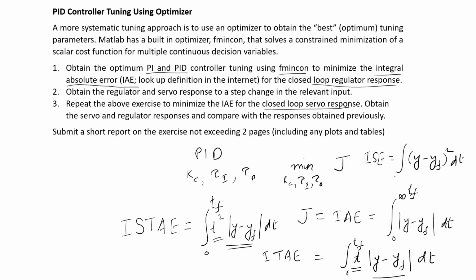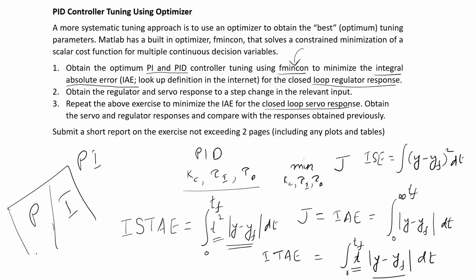So I hope the exercise is clear. We want to use an optimizer to obtain the optimum tuning parameters Kc, tau I, tau D for a PID controller. We'll also repeat it for a PI controller. I think just using P or integral only controller, let that be, because when you want the process variable to end up at set point, integral action will always be there and proportional action should be there for speed of response, and we want tight control.